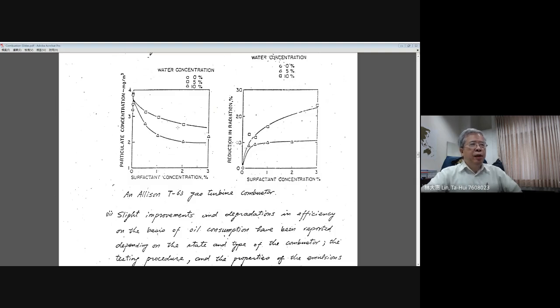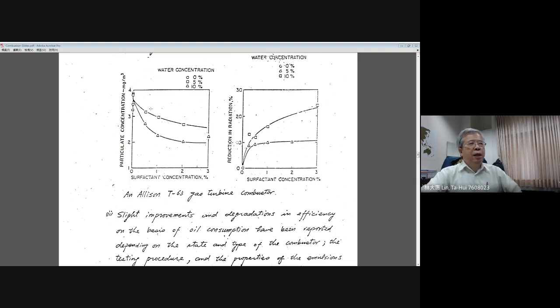That means that you just add maybe 2 or 3% surfactant content is good enough, since if you have more surfactant, they do not give you more contributions to the particulate concentration reductions.